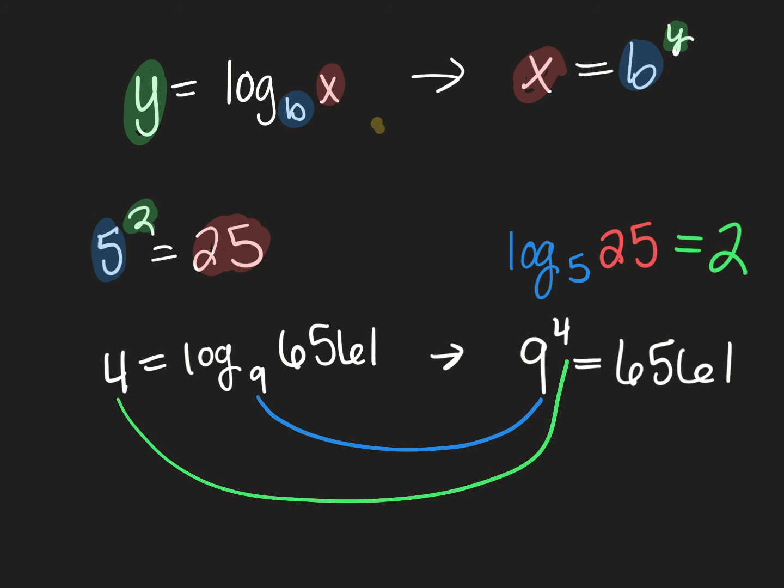This goes here. This goes here. Once you do these a couple times, it sticks. It seems weird right now because you've never really worked with logarithms before, but I think you'll pick it up pretty quickly once you start doing it.